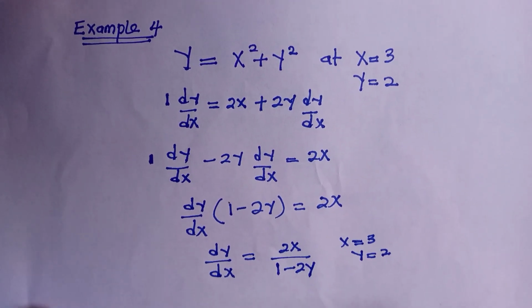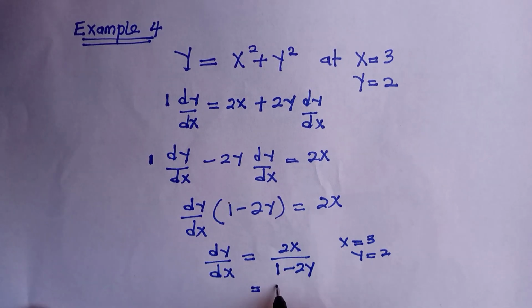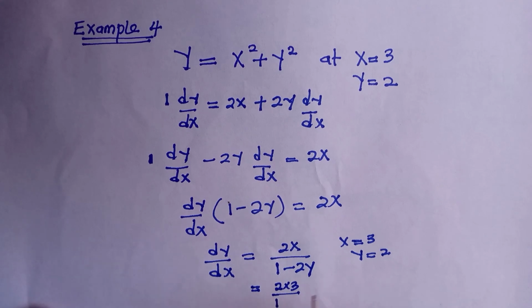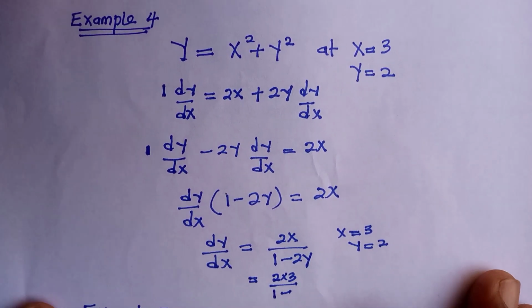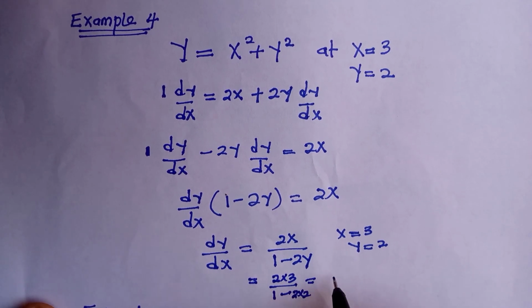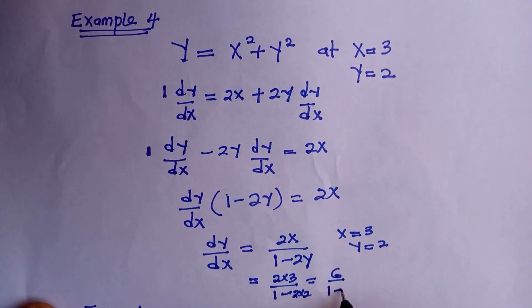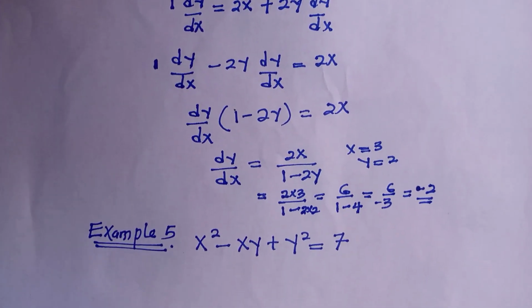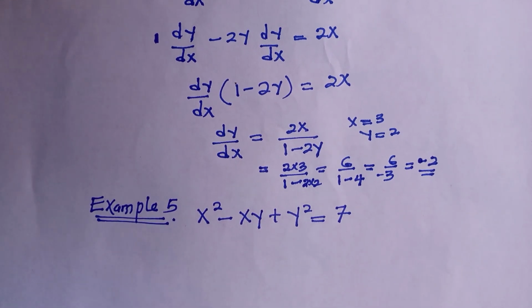So we substitute these two values: 2 multiplied by 3 divided by 1 minus 2 multiplied by 2, and the final answer becomes 6 divided by minus 3, and the answer is negative 2.